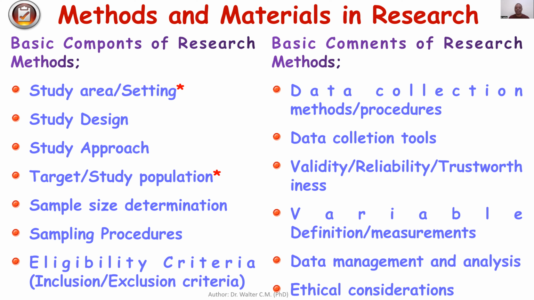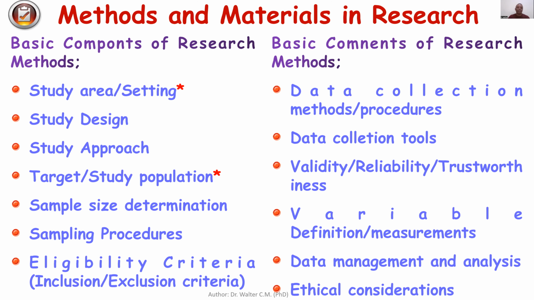At the end, we have ethical consideration, which you as a researcher need to prescribe so that people know you have adhered to research ethics, be they national or international. These are the basic components of any research methods and materials section in a proposal.